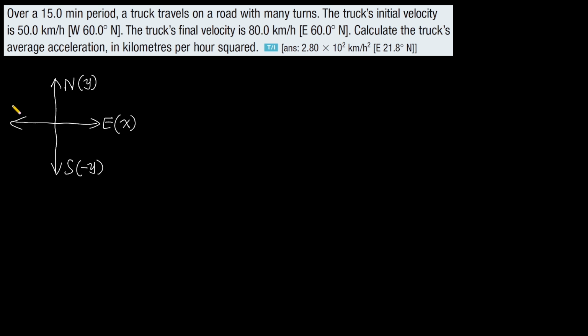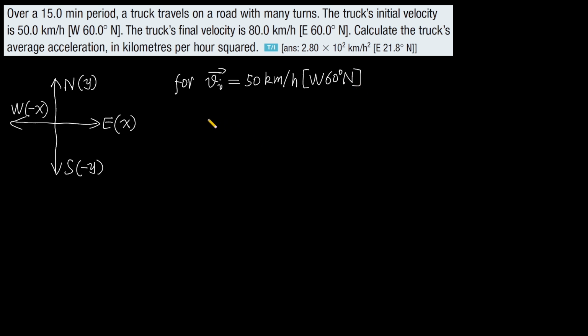And this direction is west, also negative x direction. Now for the initial velocity, this is 50 kilometers per hour, west 60 degrees toward north.